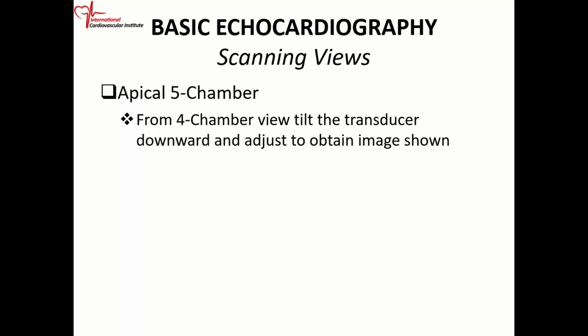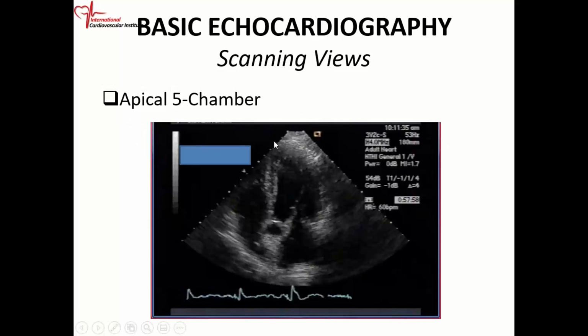If you just gradually move the head of the transducer downwards, just a little bit, you get a 5-chamber view. So from the 4-chamber view, you tilt the transducer downward and adjust it to get this view.